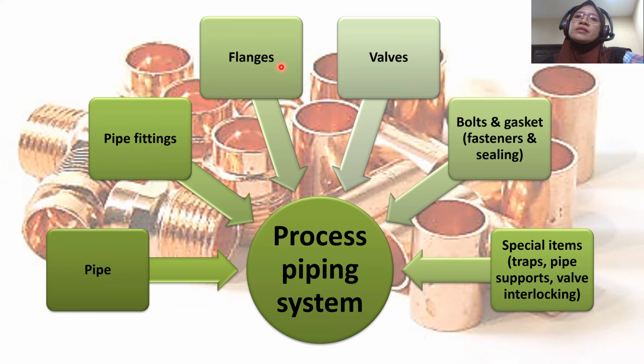Okay, flange is under pipe fittings actually. Then bolts and gasket, which are also known as fasteners and sealing. And there are some piping special items such as steam traps, pipe support, and valve interlocking.